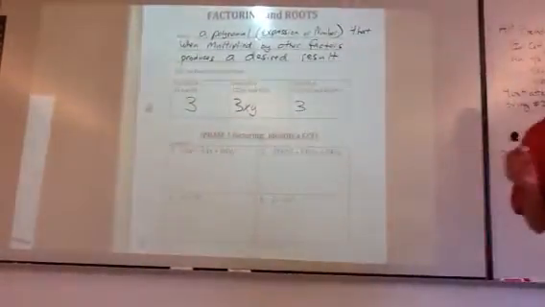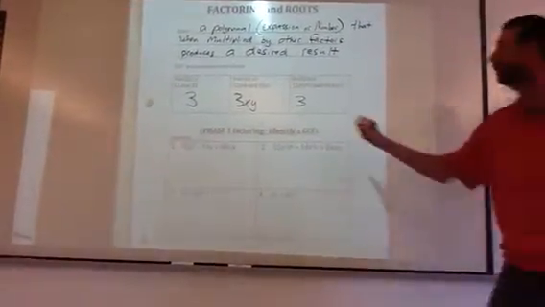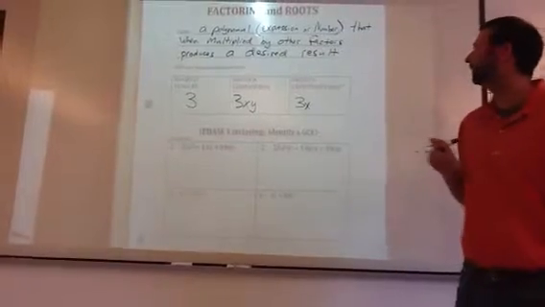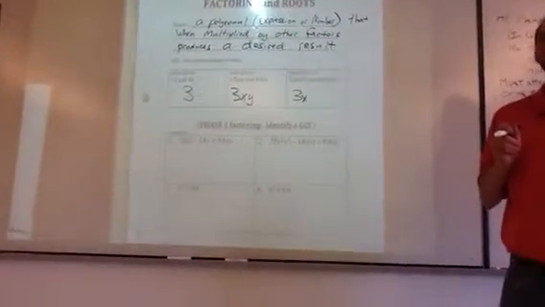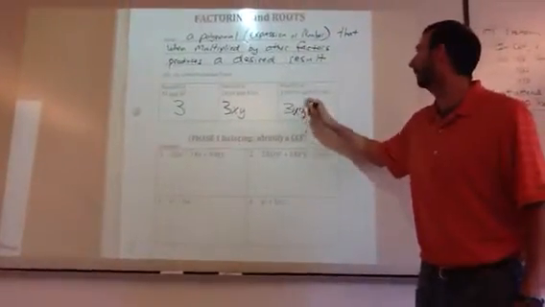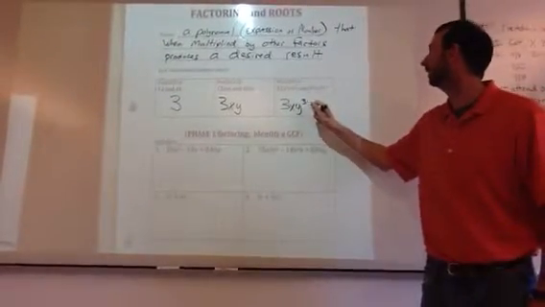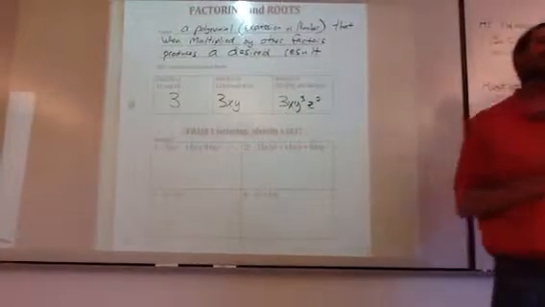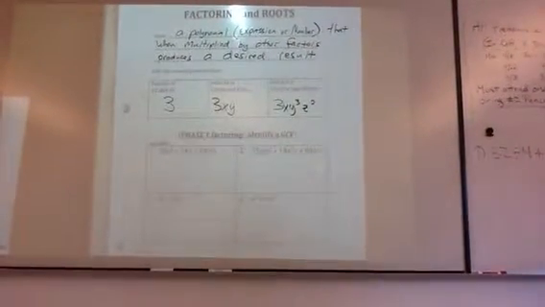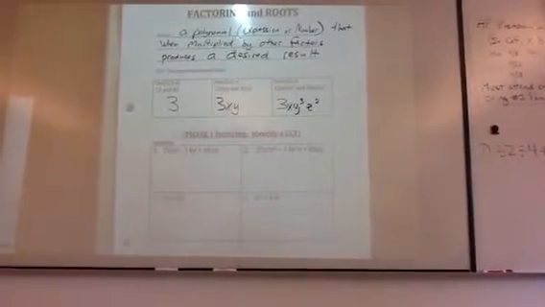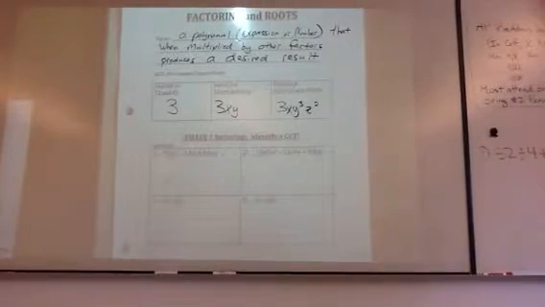What's the greatest number of x's they have in common? 1. How about y's? So y to the third. And how about z's? Z to the 2. There is our greatest common factor for those two simple expressions. They're one-term polynomials.